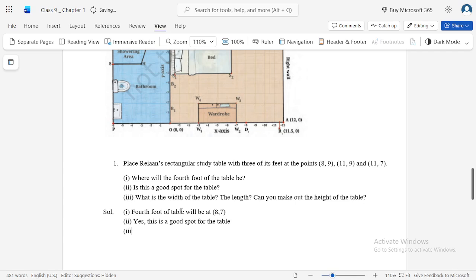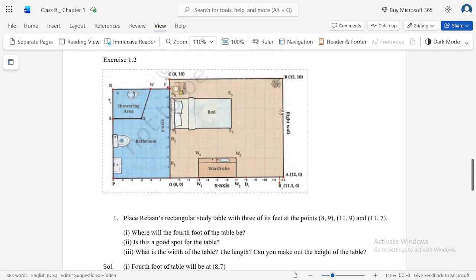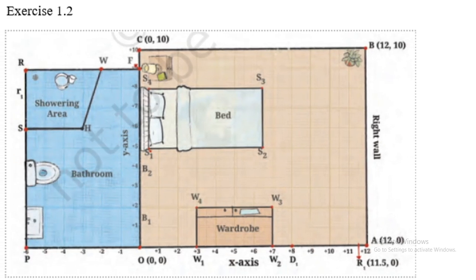Coming to the third part, what is the width of the table, the length, and can you make out the height of the table? Let me again plot and show. This was our table, right? The width of this is 2 units, 2 blocks means 2 units, and the length is 3 blocks means 3 units.